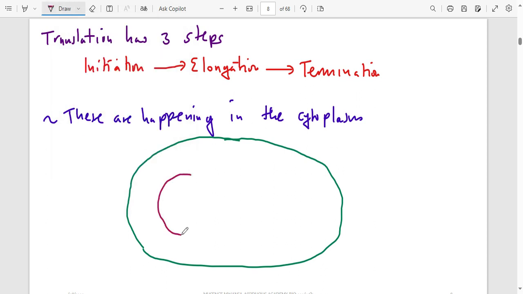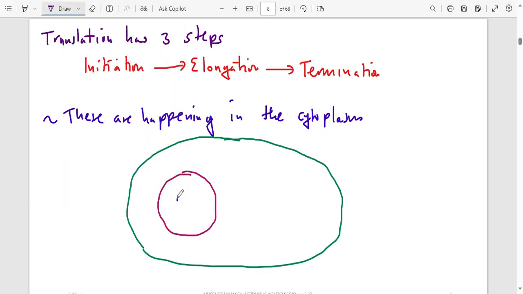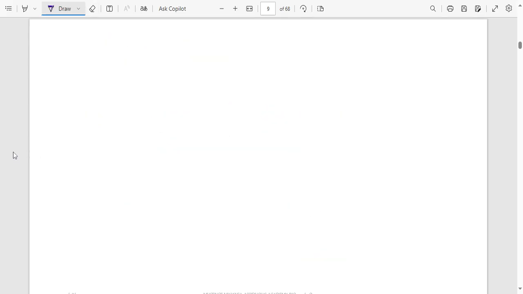And you know that for a prokaryotic cell, RNA has been made in the cytoplasm. It's now going to move out of the cytoplasm into the cytosol. Okay, this is the mRNA. Okay, take note of that. Now that mRNA has moved out of the cytoplasm, what is going to happen? Let's go to the first step of translation, and that is initiation.